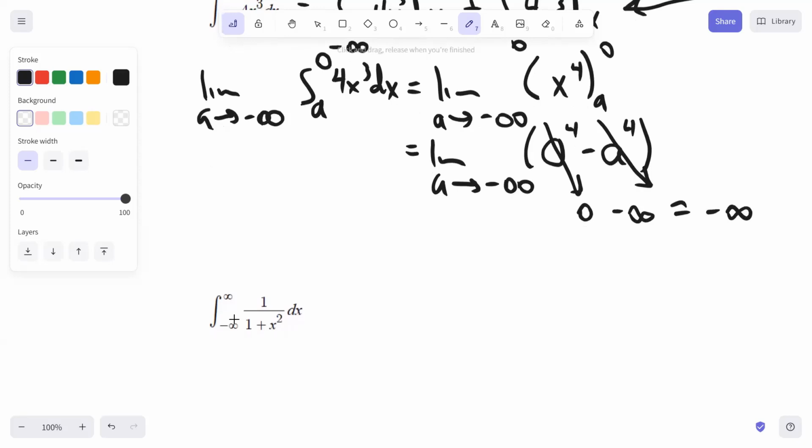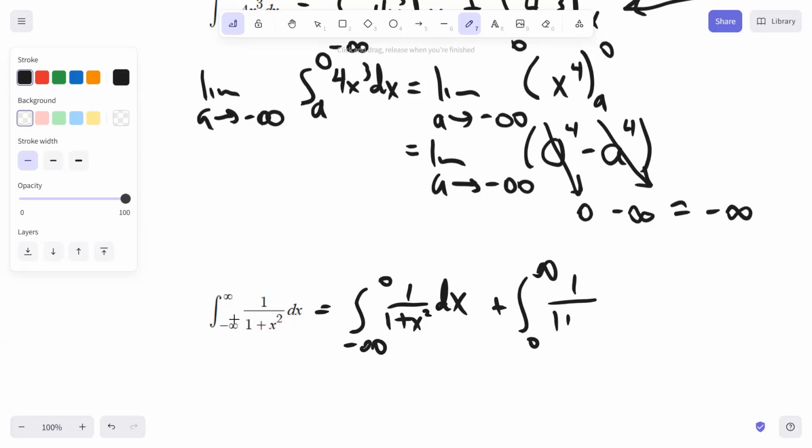I want to go through one more example here. So if I have the integral from negative infinity to infinity of 1 over 1 plus x squared, what I'm first going to do is rewrite this as the integral from negative infinity to 0 of 1 over 1 plus x squared dx plus the integral from 0 to infinity of 1 over 1 plus x squared dx.